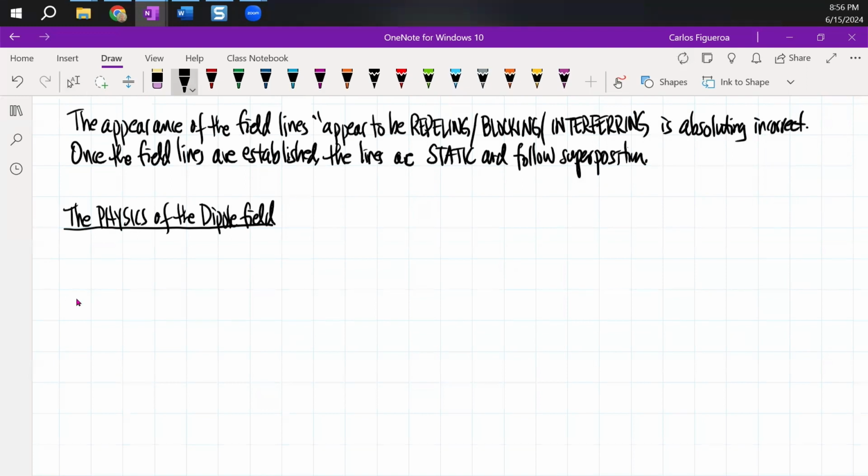So the question is, what is the physics of the dipole field?